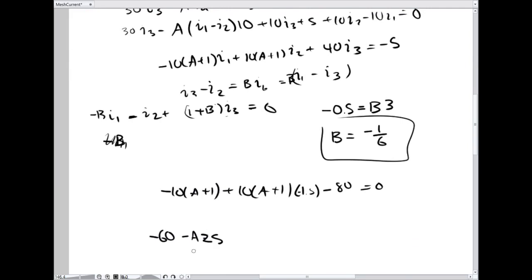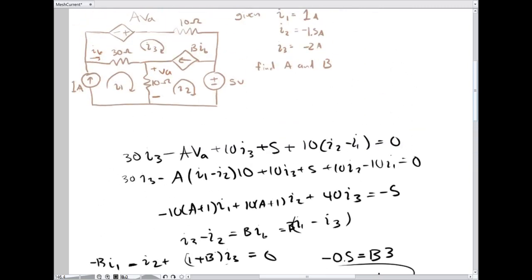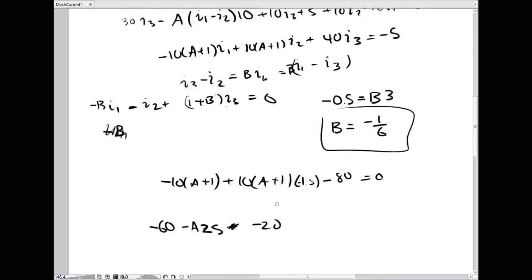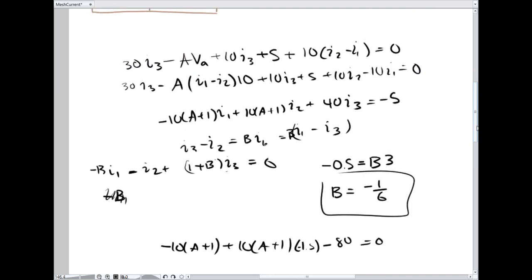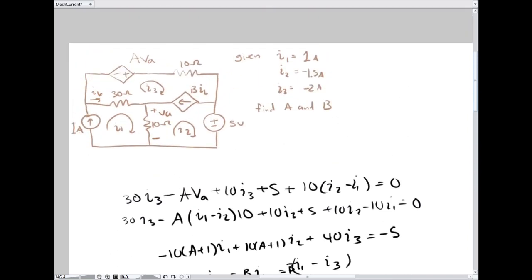Plus 10I3, which is equal to minus 20, because I3 is minus 2, plus 5, plus 10 times I2 minus I1.